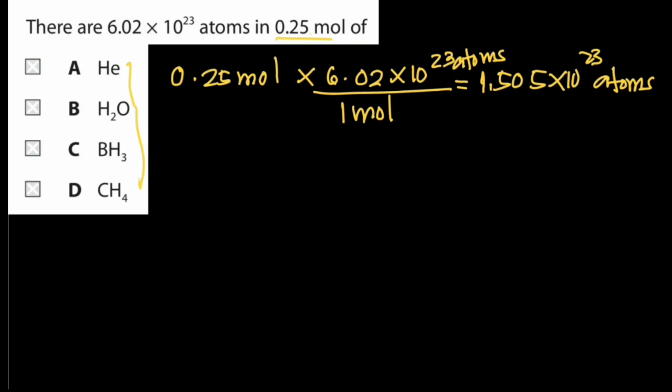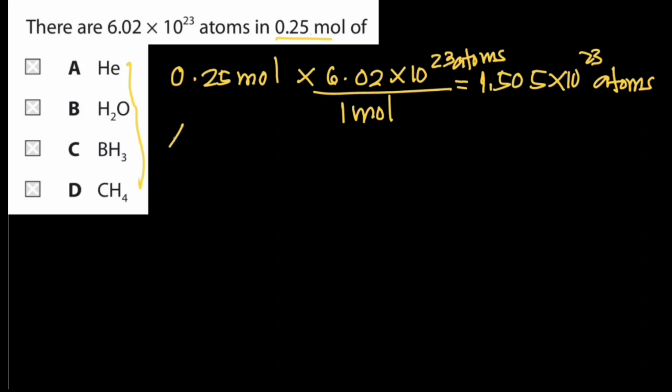Now let's check which of the choices here has 6.02 times 10 to the 23rd atoms, given that 0.25 mole is equivalent to 1.505 times 10 to the 23rd atoms.